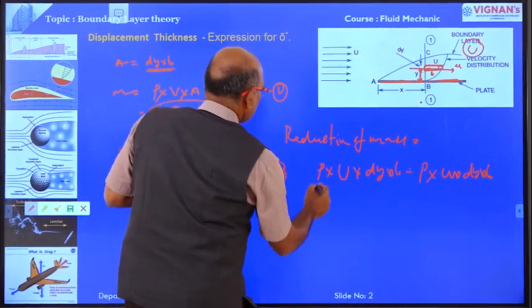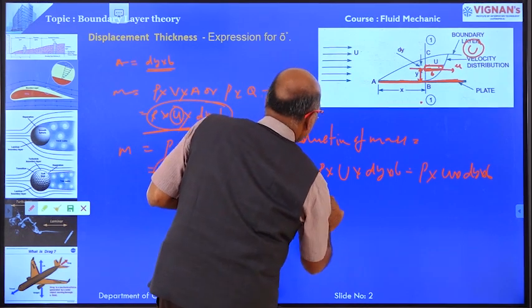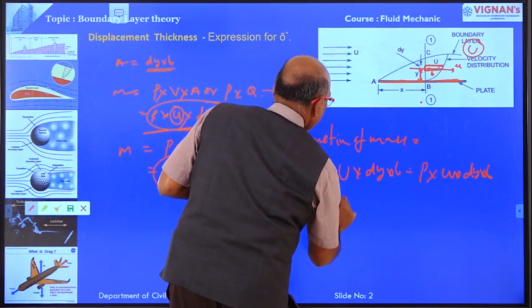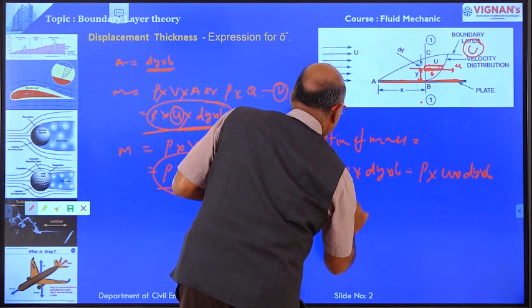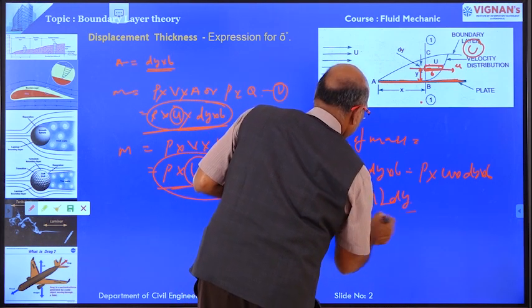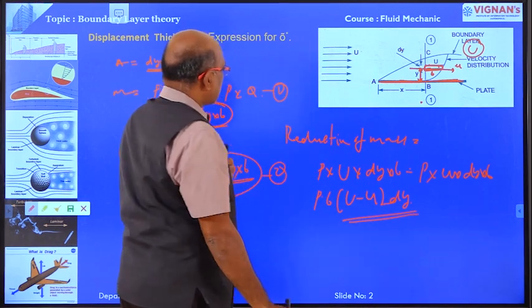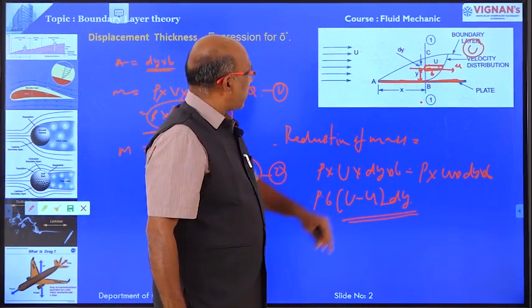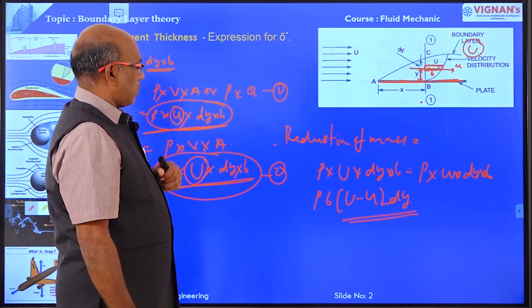Then, rho b into capital U minus small u into dy. This is the reduction of mass of fluid in this system.